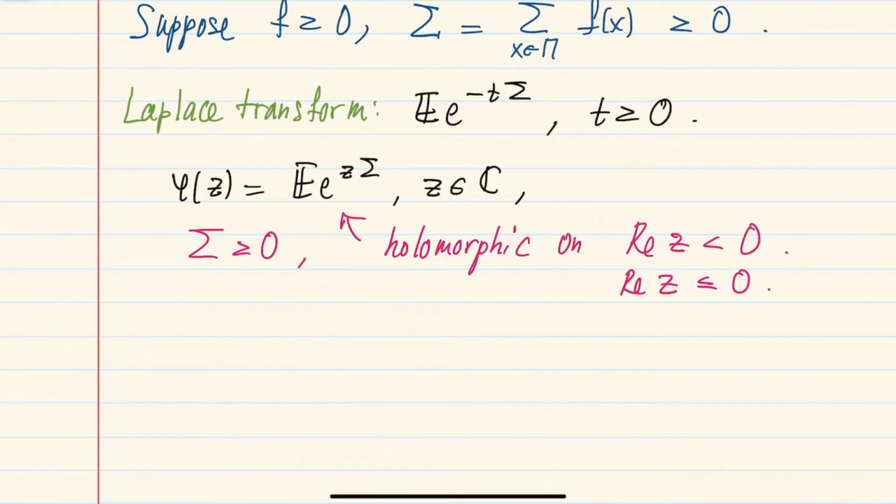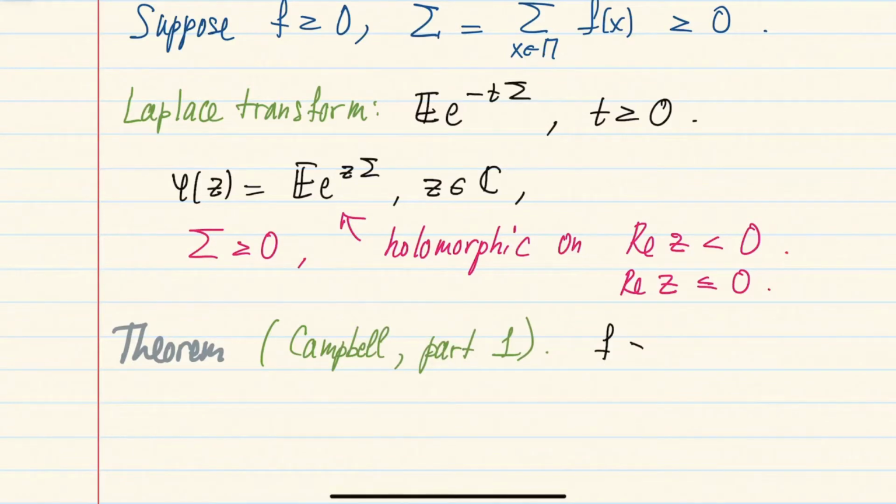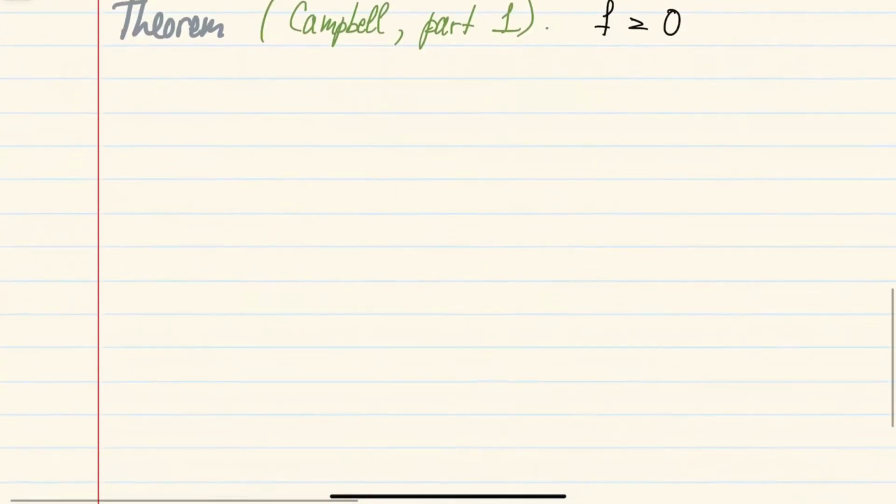And our first main result will be, in this case of non-negative function f, namely the following theorem, which is called Campbell's theorem, and this will be part 1 of it for non-negative random variables. So in the case when our function is non-negative, we'll prove the following statements.